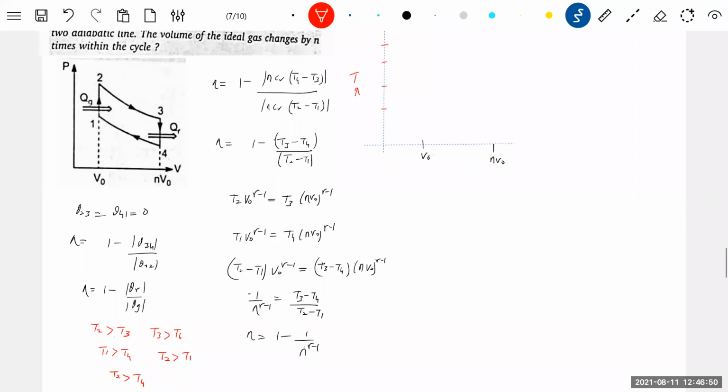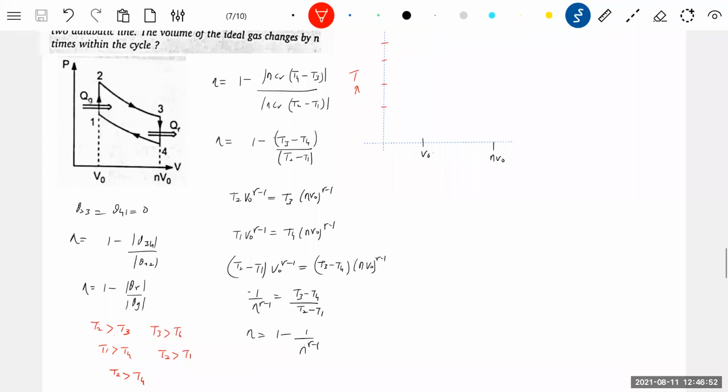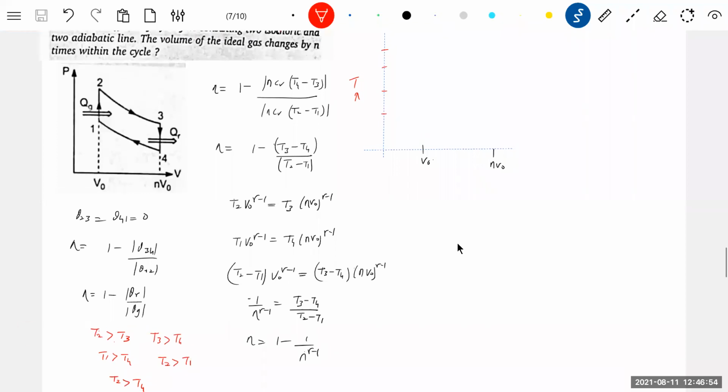And relation between, no, we'll write it. This is T2, this is T4. Now between 3 and 1 we have to decide. We can't be very sure, no?